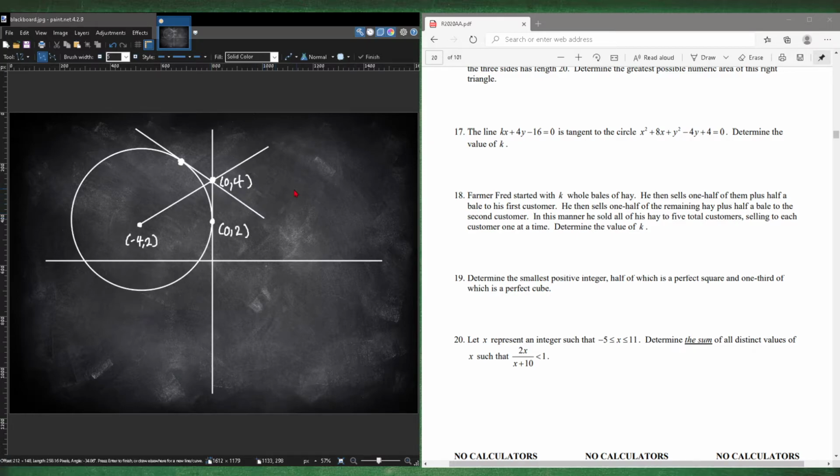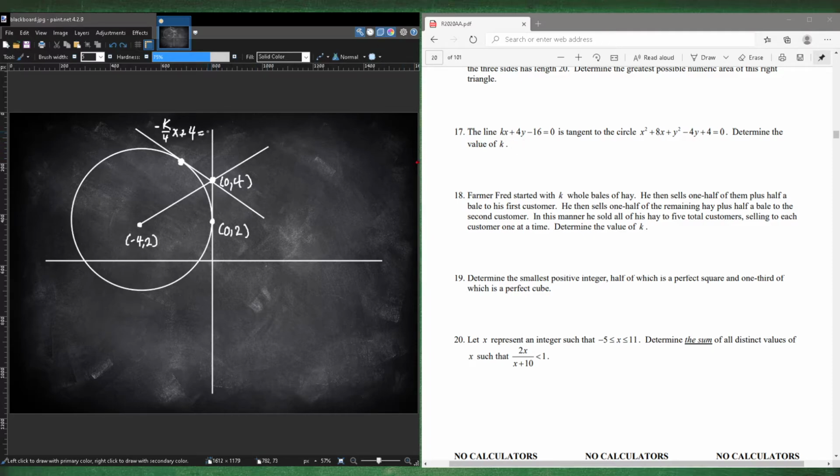Okay, so basically, if we put this equation in slope-intercept form, this would just be negative k divided by 4 times x, and then negative 16 divided by negative 4 is plus 4. So that's just equal to y, because that's our equation. I just set it equal to y instead of the standard form.